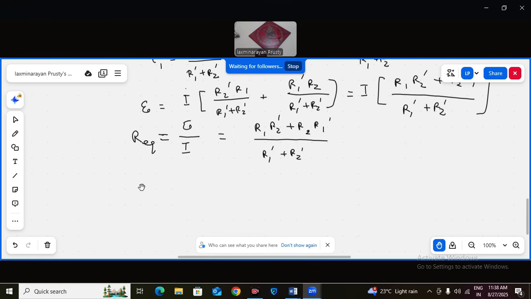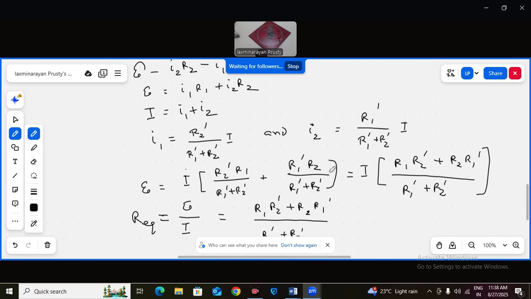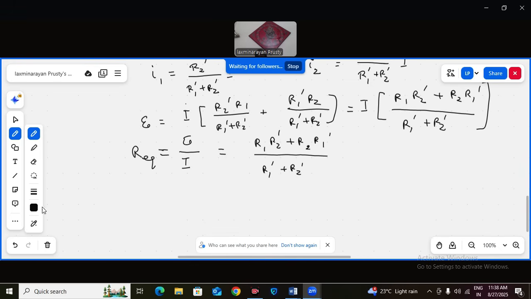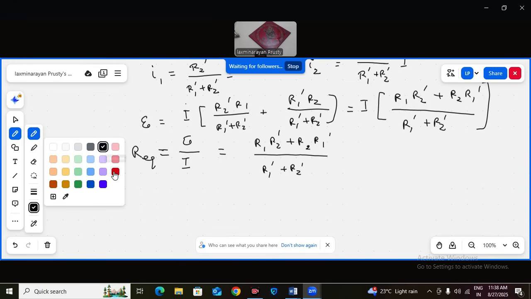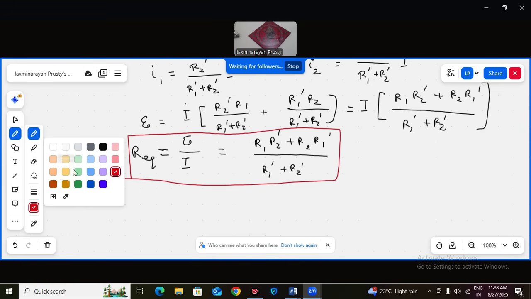So what is the total current I? Total current I is I1 plus I2, but total current I is E by R equivalent. So let us write this. I have got this important expression, that's why I'm boxing it. Then what is I?